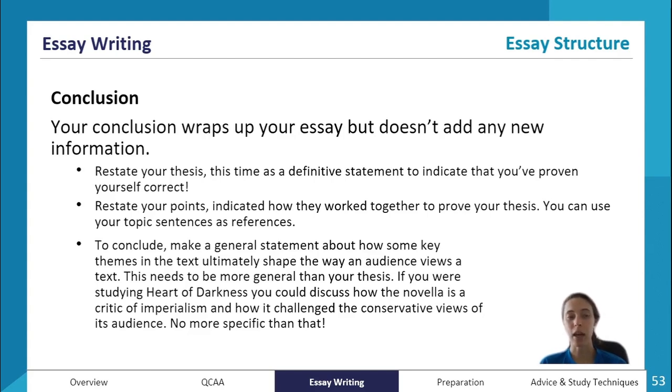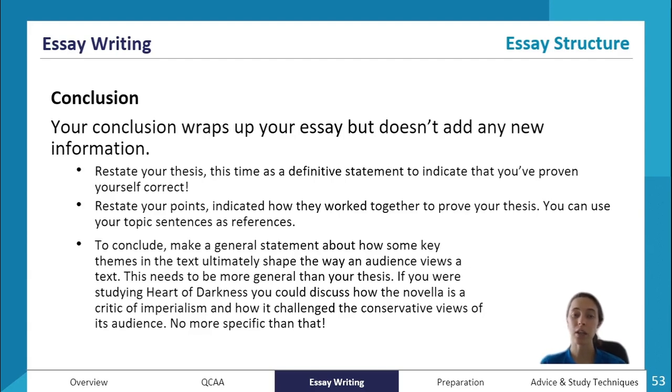So don't make the mistake of adding new ideas, new evidence into your conclusion, because it's about bringing it all together, what you've already said, and showing why your thesis is correct, drawing an actual conclusion based on all of the content that you've covered. You should have actually gotten somewhere with it. There should have been a purpose to analyzing all of that stuff.